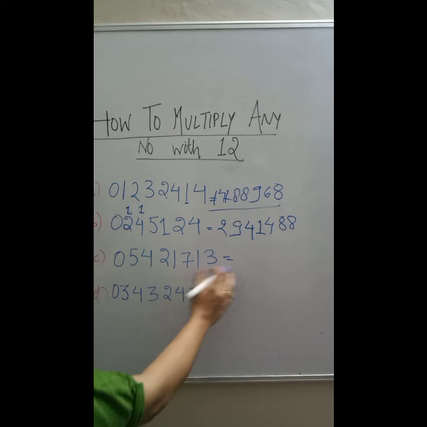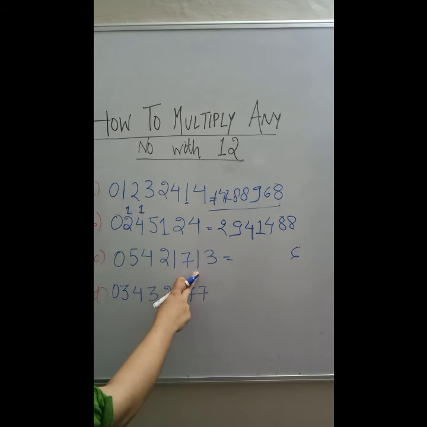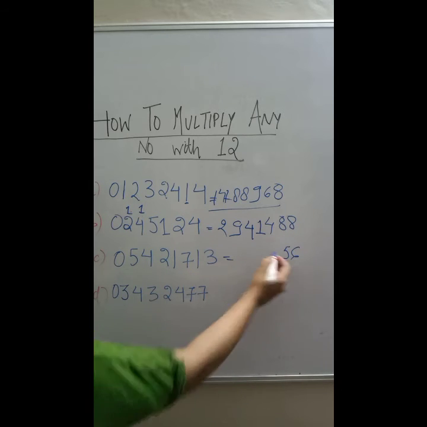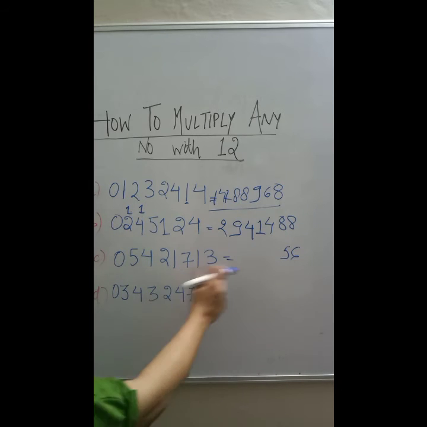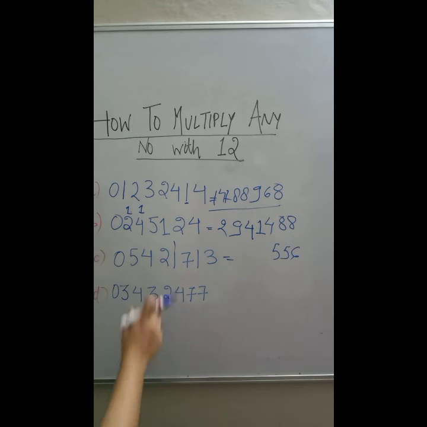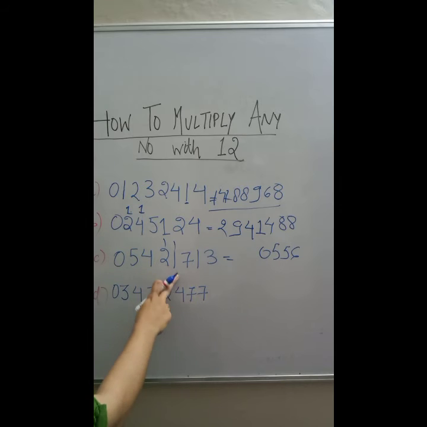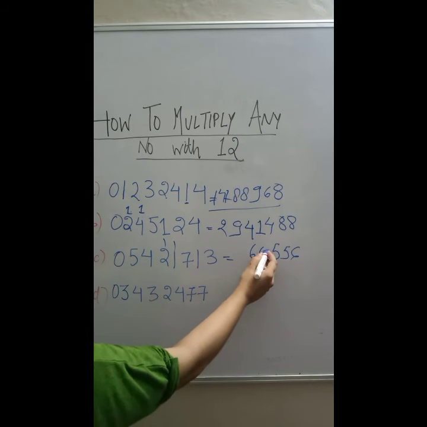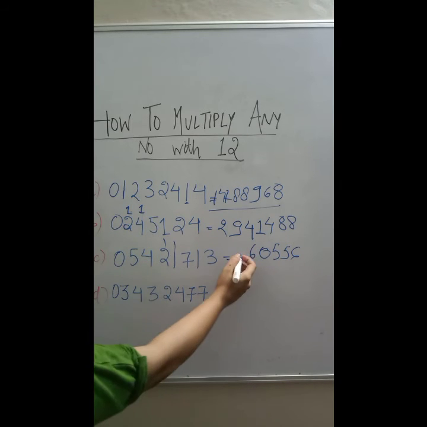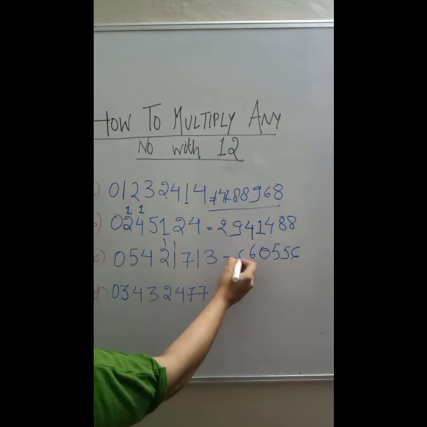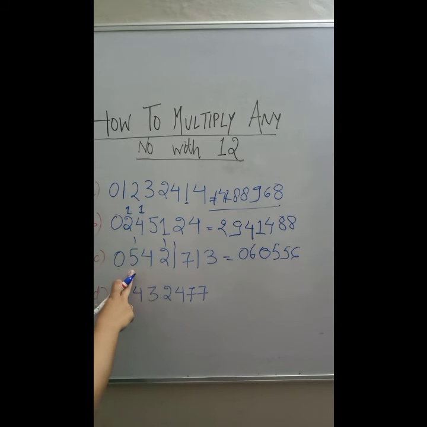Next, 3 doubled is 6, 1 plus 1, 2 plus 5, 7 plus 7, 14 plus 1, 15, carry 1. 1 plus 1 is 2, 7 plus 2, 9, 9 plus 1, 10, 2 plus 2, 4 plus 5, 6, 4 plus 4 is going to be 8 plus 2, 10, 5 plus 5 is 10, 10 plus 4, 14, 14 plus 1, 15, and then again it's going to be 6 here.